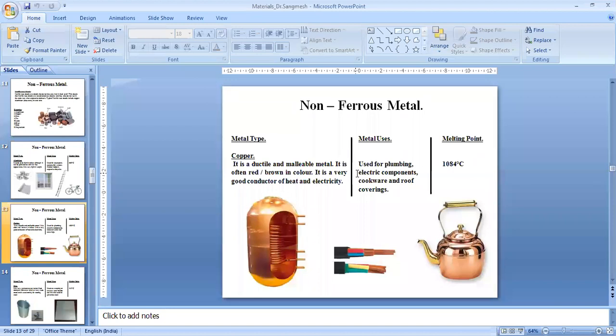That is the reason there is huge demand for copper, and it is very expensive, because it acts as a good conductor for both heat and electricity. Both properties are combined in it. So it can be used for plumbing, electric components, cookware, and roof coverings. Its melting point is 1084 degrees Celsius.